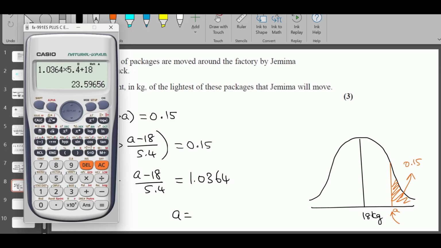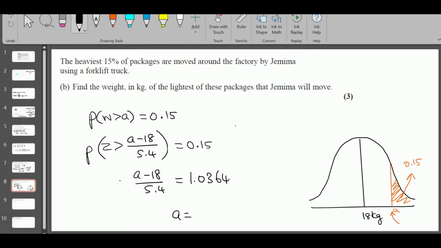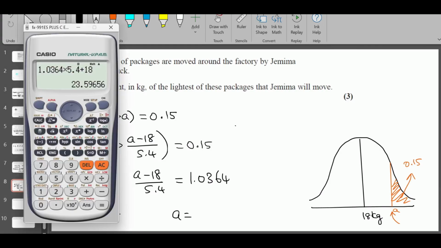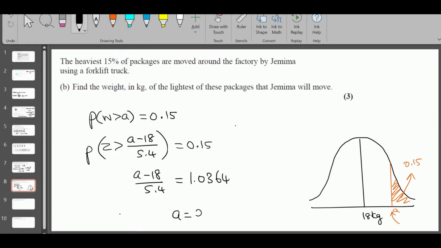They want you to find the weight in kilogram. Okay, we got 23.59, round it to 3 significant figures. A is 23.6 kilogram. That's the answer for part B.